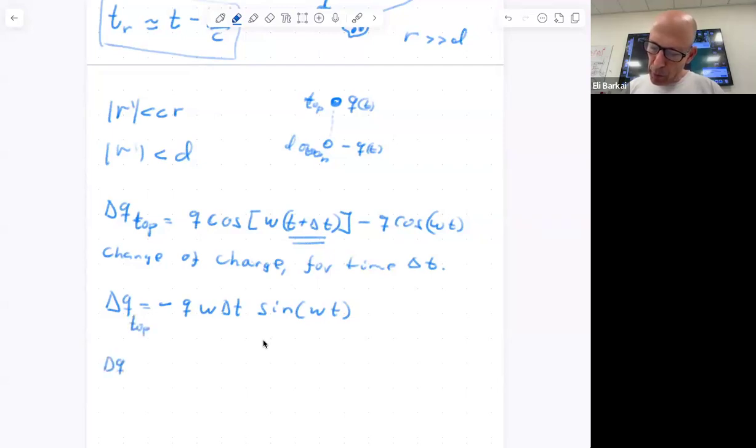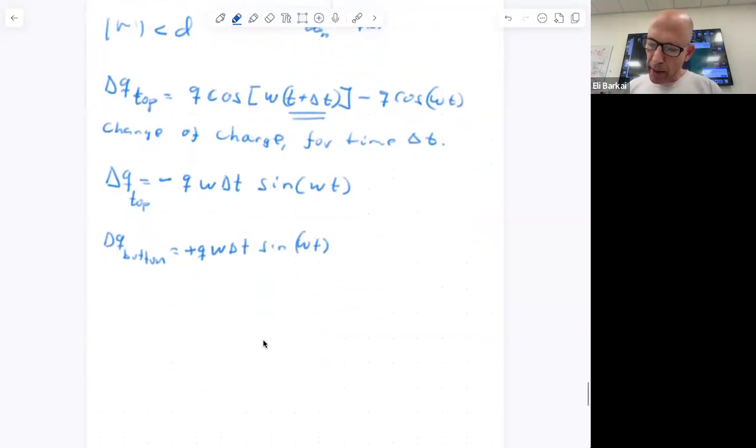And delta Q on the bottom is exactly the same, but with a plus sign because of this minus here: plus Q omega delta t sine omega t. So what is the current, let's say, on the top? It is simply delta Q over delta t. And this is simply minus Q omega sine omega t. And the same for the bottom. Let's write it in absolute value.